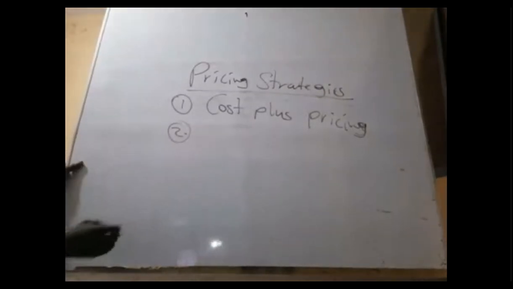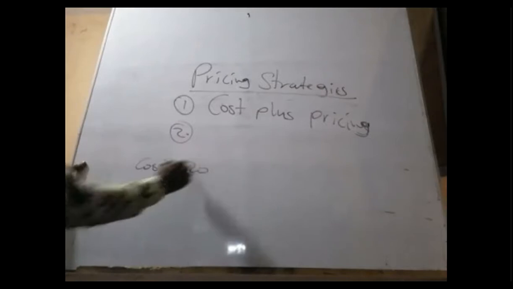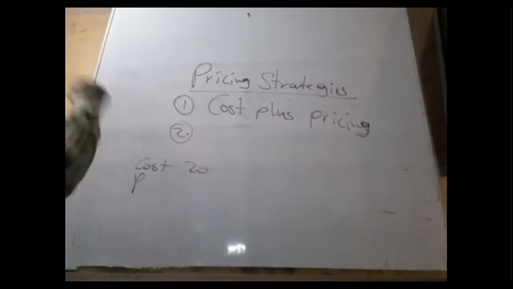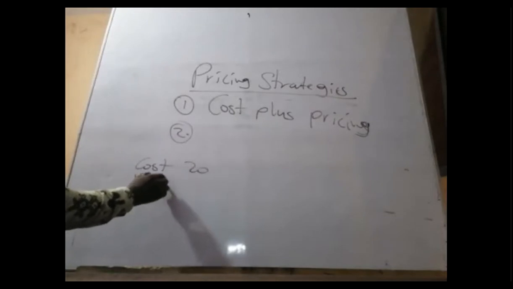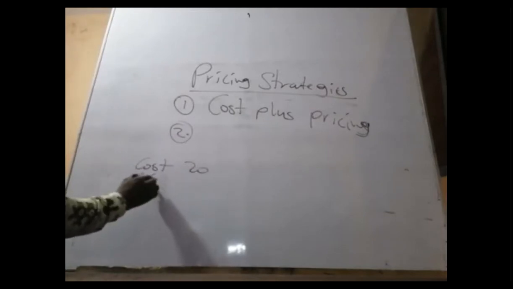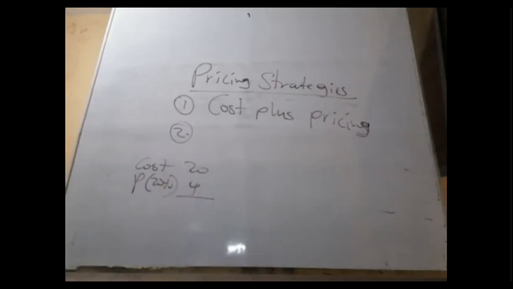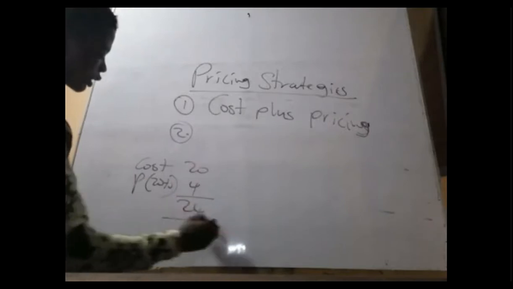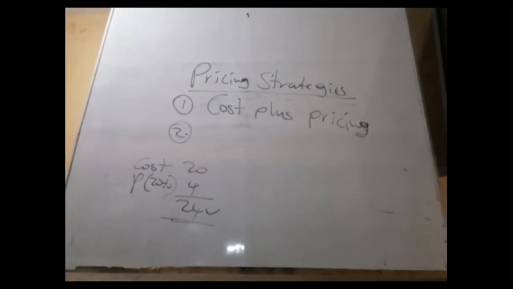If the cost of the product is, let's say, 20 Ghana cedis, you add a profit of maybe 10%, or let's say plus 20%. 20% is 4. So now the price should be 24. That is what we mean by cost plus.